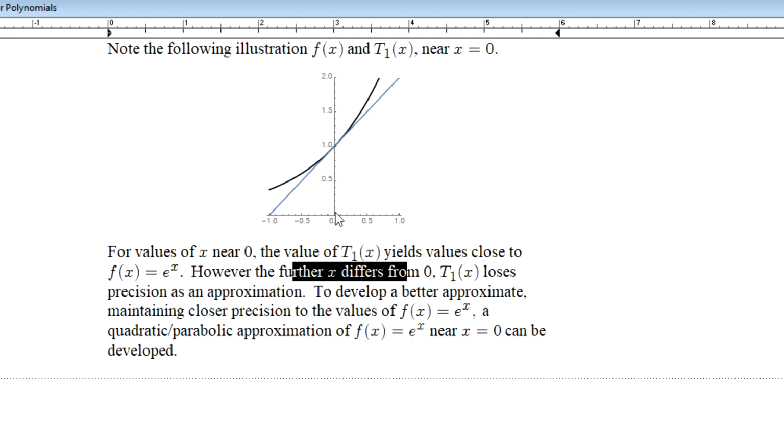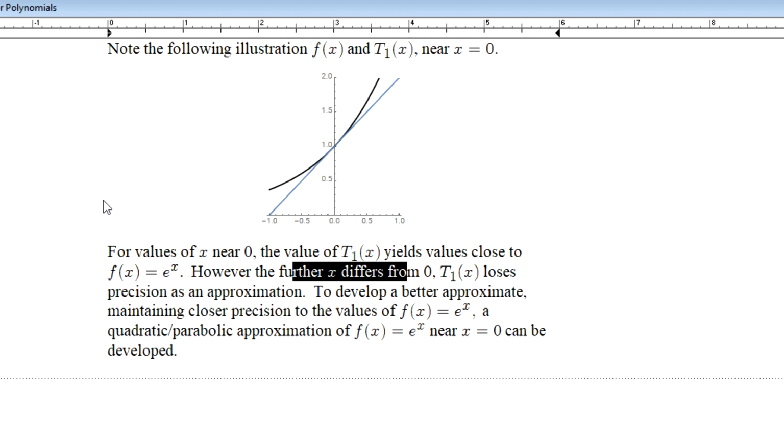We can see as we deviate from 0 along our x-axis, the greater the vertical distance we gain between our two functions. The approximation represented by this line decreases in precision when compared to this curve. All right?